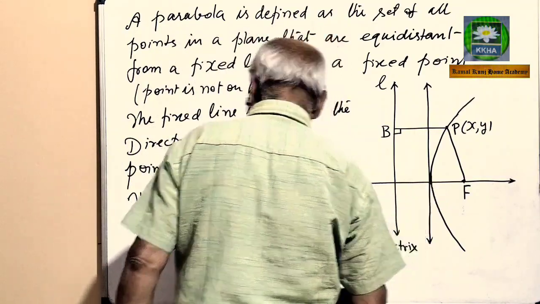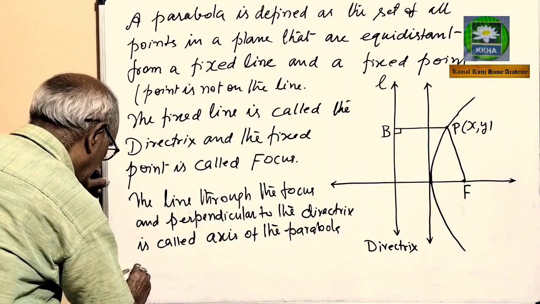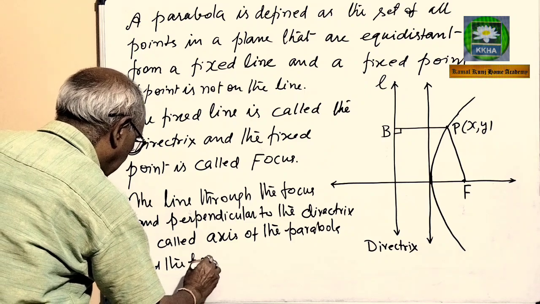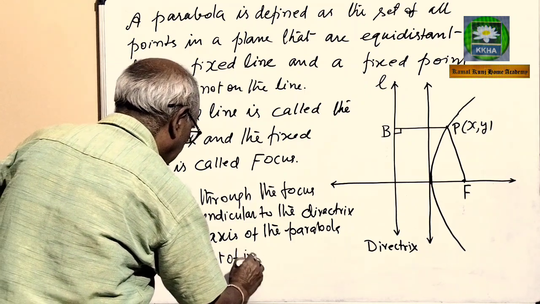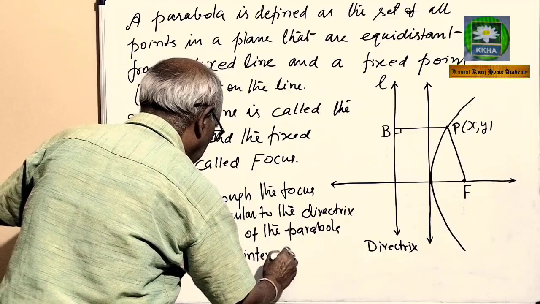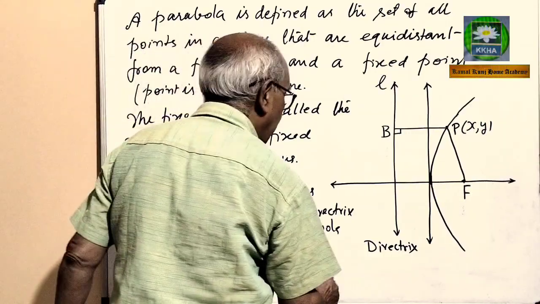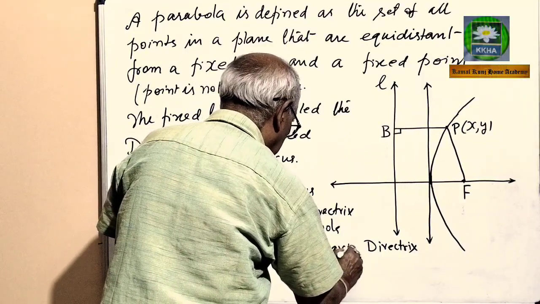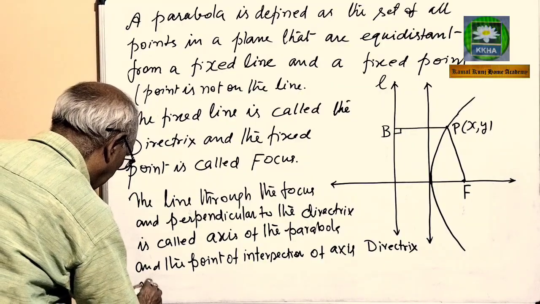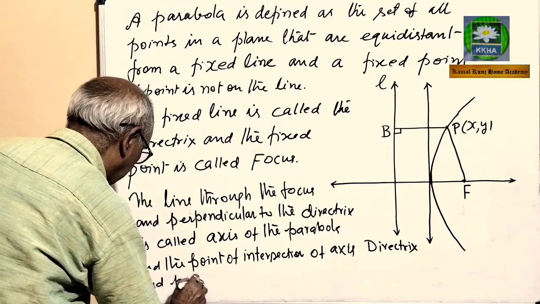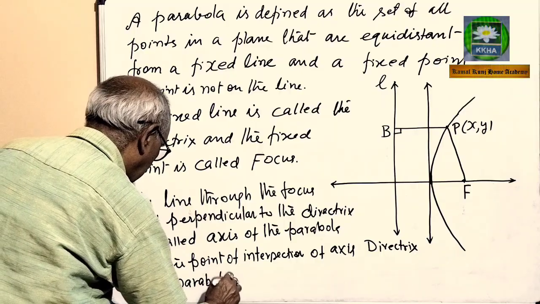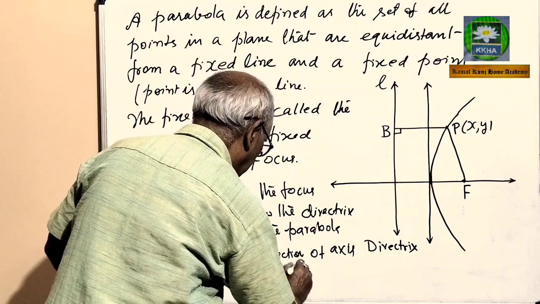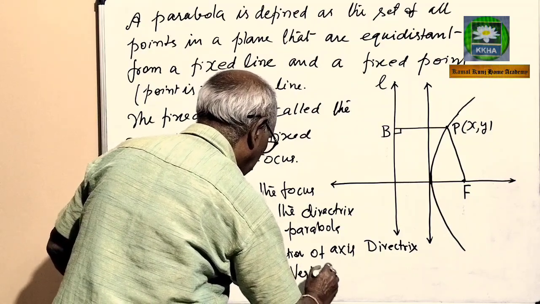Suppose this point is A, and the point of intersection of axis and parabola is called vertex of the parabola. It's called vertex of parabola.